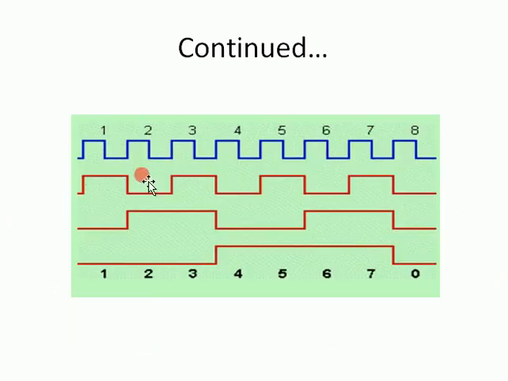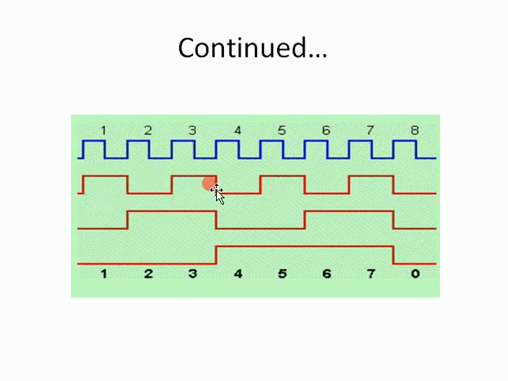Here in its clock diagram, this is the FF0 output, this is FF1 and this is FF2. Toggling occurs when both inputs are high. So let's suppose previously we are having 1, then toggling occurs, so it changes its state.